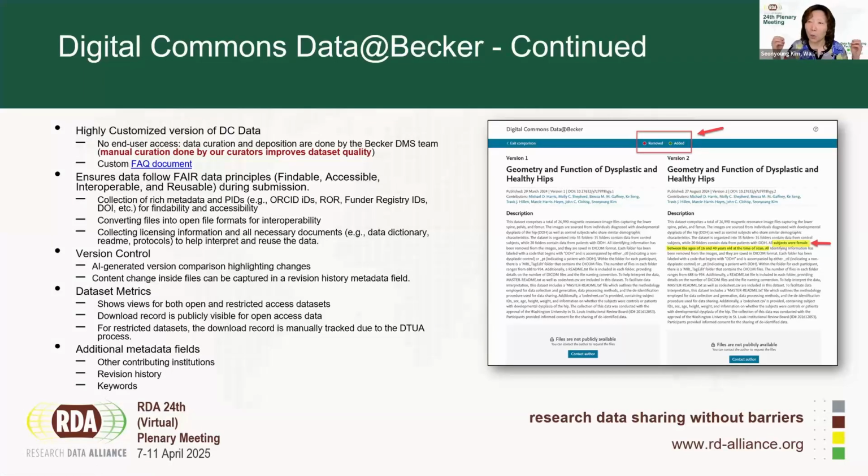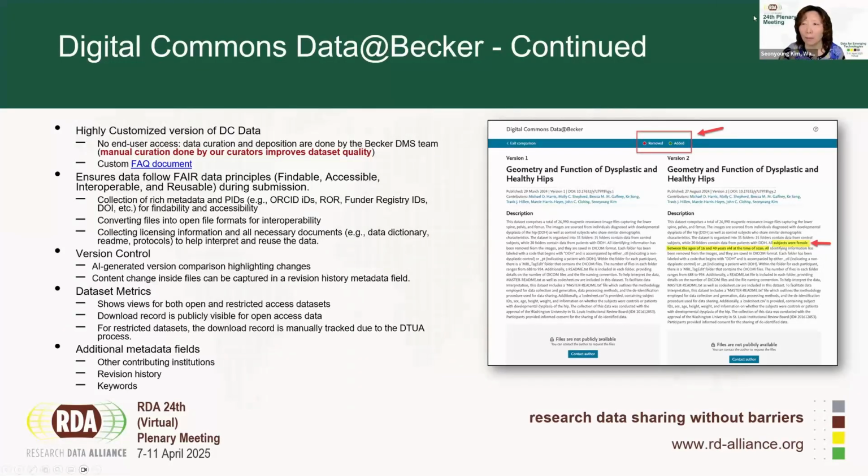But AI cannot go into the individual file and see the change. So we actually added another metadata field to describe what's been changed, the version revision history, sorry. So we created a new metadata field.